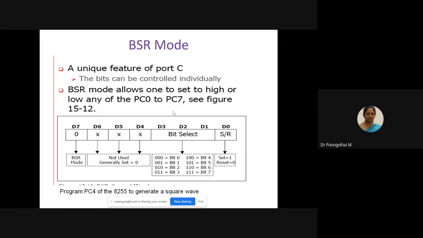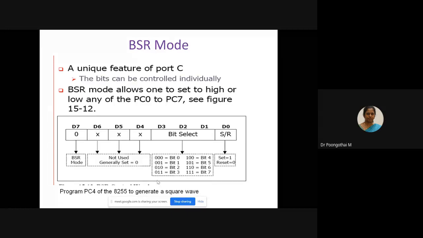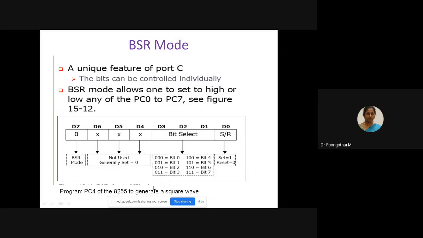The format of the IO mode set word and the BSR control word is given in this figure. The various functions of port C during the different operating modes are listed in this table. It is an 8-bit register.